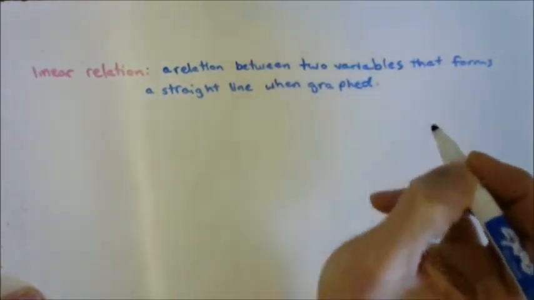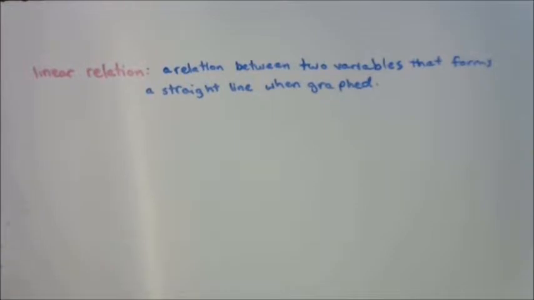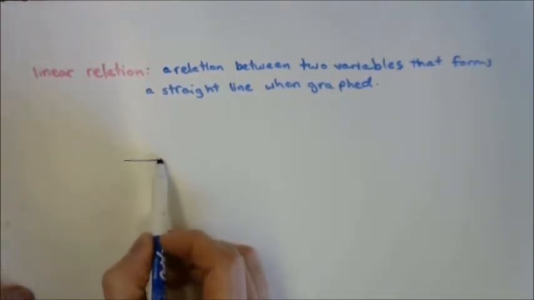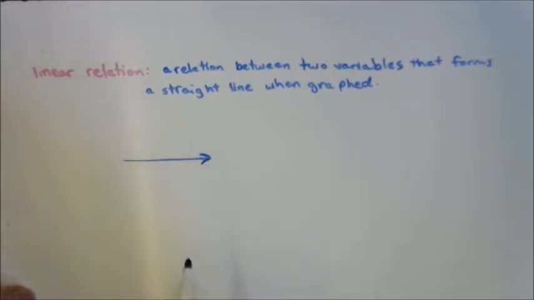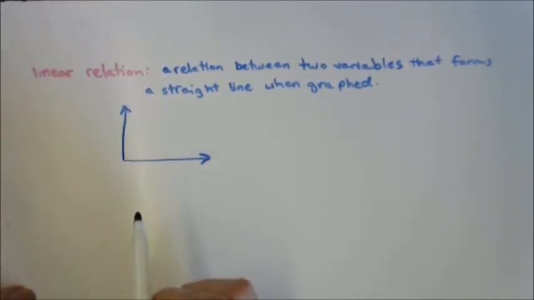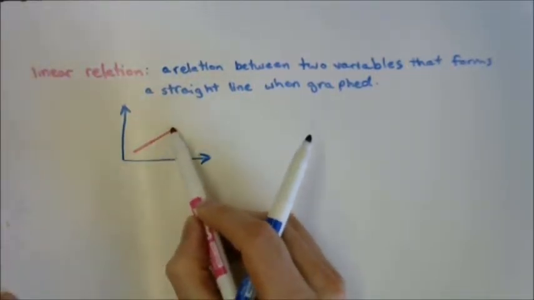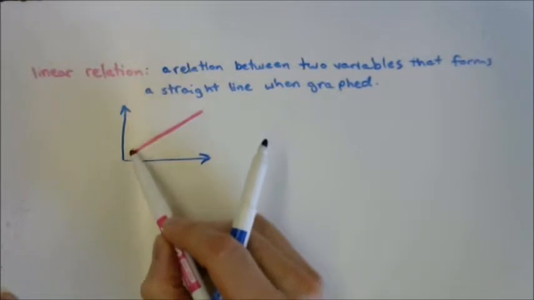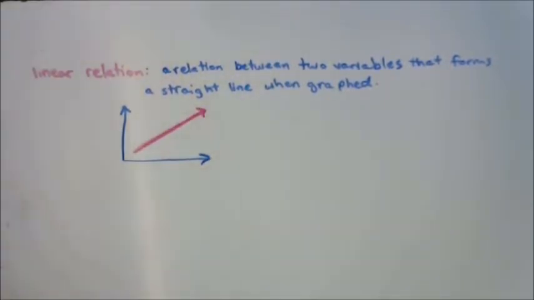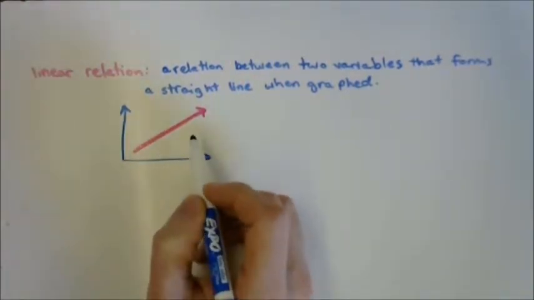An example of this would be, I guess, just really easy. Don't draw this, but the number of years you are alive and the number of days you are alive. That will be a perfectly straight line, because every year has the same number of days, except for leap years, I guess, so it's not entirely perfect, but it will form a perfectly straight line. Okay?